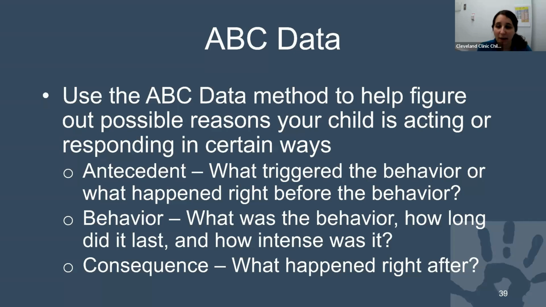So it's important to think about what happened beforehand that could have caused the action. What was the behavior or action that the kiddo did? And then what happened right after? What did the parent do? What did peers do?